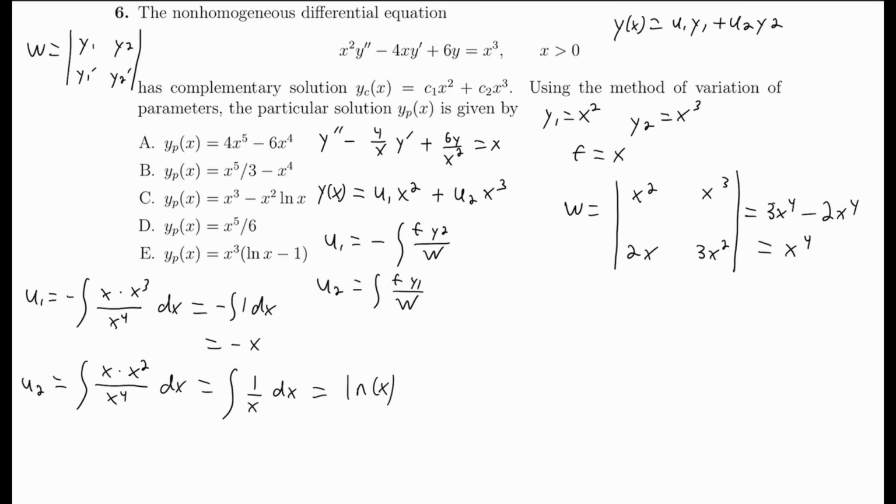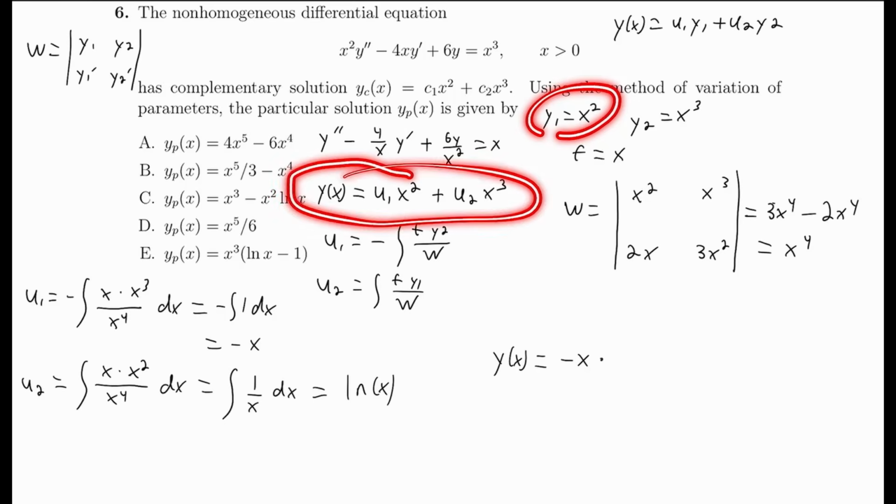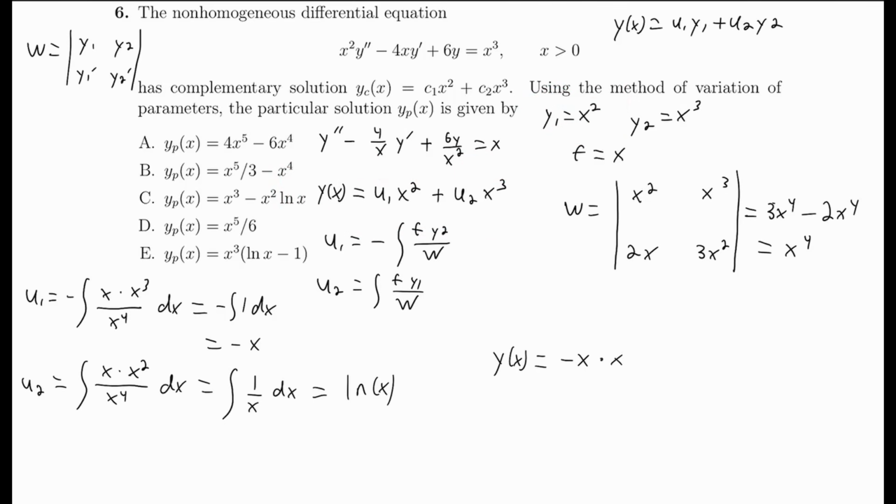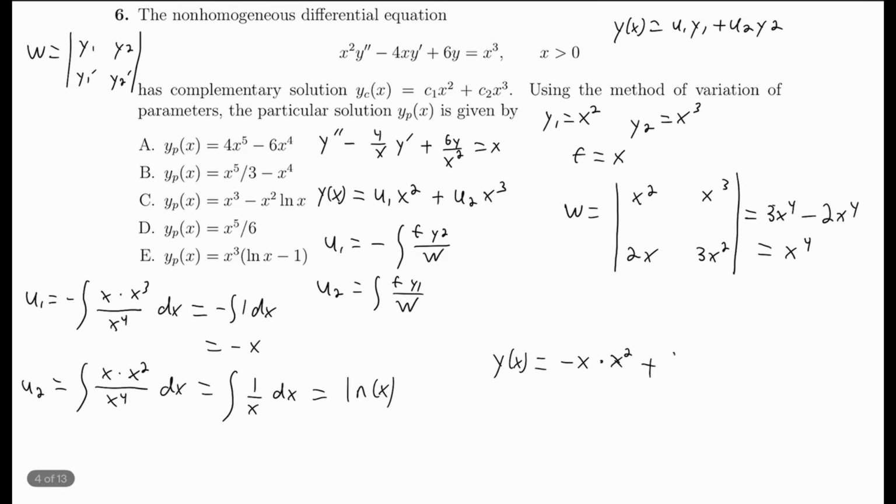We can now go ahead and plug this back into our original formula up here. So y of x is equal to u1, which is negative x, times, we already identified that our y1 is x squared. You can also just plug it straight into here. It's the same thing, times x squared. And then plus u2, which is ln x, times our y2 function, so times x cubed.